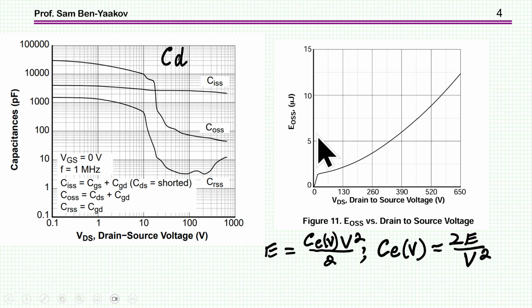Once you know this energy, then you can look up this template, you might say, which is energy related capacitance times V squared over 2. From this, you can get the energy related capacitance if you know the energy. In this presentation, I'm going to show how you can get this plot from this classical presentation of the differential capacitances, and of course then how you can get this energy related capacitance.